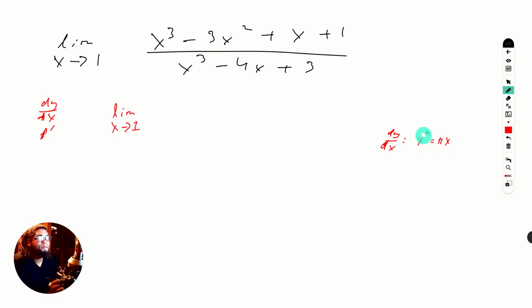So this is going to be our variable, which is here annotated as n. So we have x to the n power. We're going to turn that into a constant, which means we're going to put it in front. So we're going to take it from there and put it there. And then we're going to decrease the number that we had by 1. So I can put the n here, minus 1. Okay? And that's the power rule for the derivative.